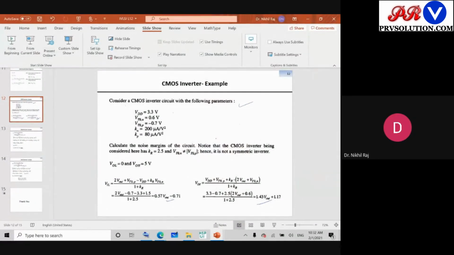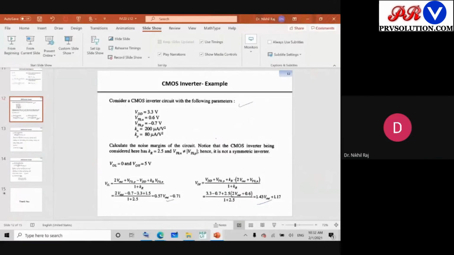This problem actually came in your exam also last year, so this type of problem will come, where you have to check all the parameters. First we will solve the problem, then we will discuss. So we were calculating VIL and VIH. For VIL we have got this equation, 0.57 Vout minus 0.71, substituting all the values of VIL and VIH into the expression.